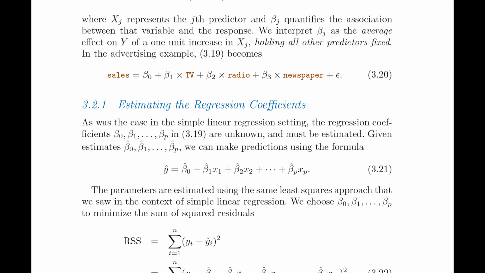We interpret beta j as the average effect on y of a 1 unit increase in xj, holding all other predictors fixed. Those of you who've just started partial differentiation, it is exactly the same concept, isn't it? You are holding all the variables fixed. You're not varying them, but you're only looking at how the output changes when you change one of the variables.